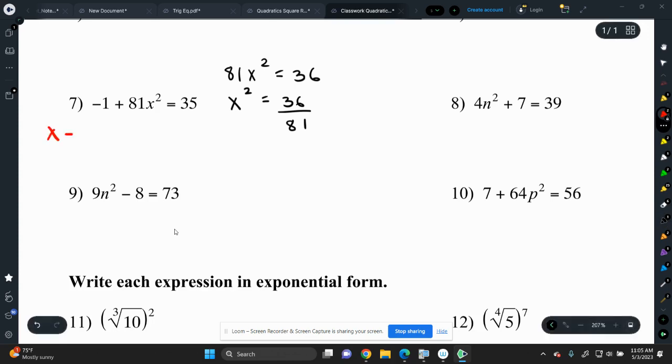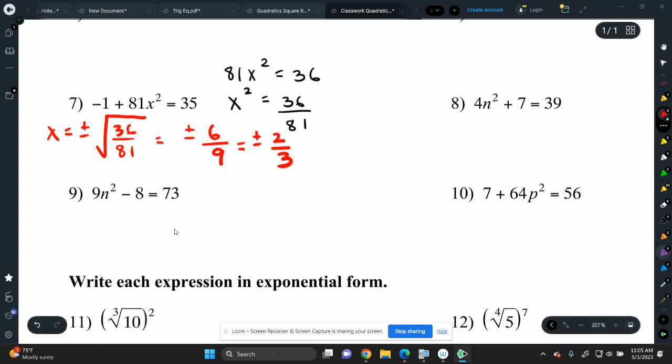So we get x equals plus or minus the square root of 36 over 81. Now we know the square root of 36 is 6, and the square root of 81 is 9. So that equals plus or minus 2 over 3.